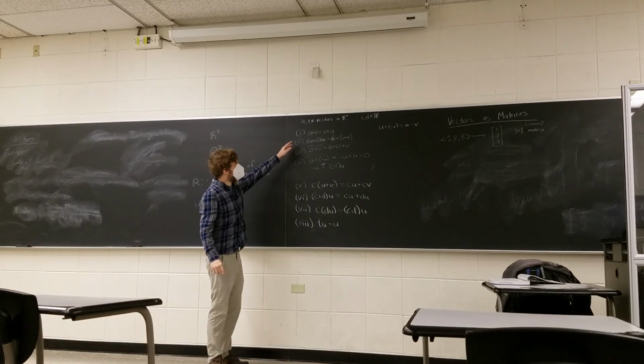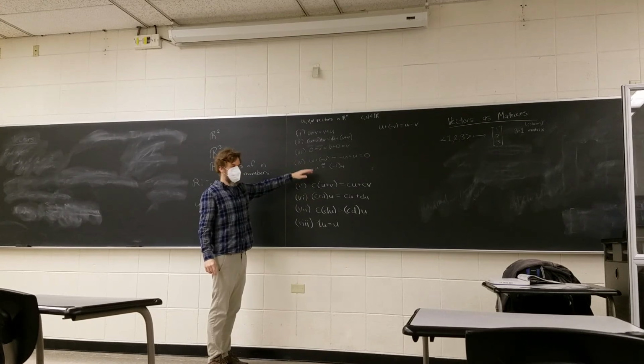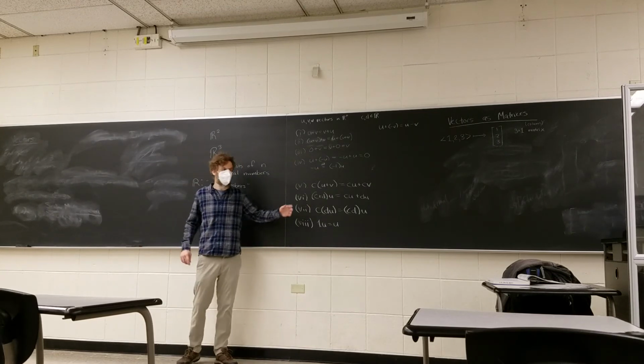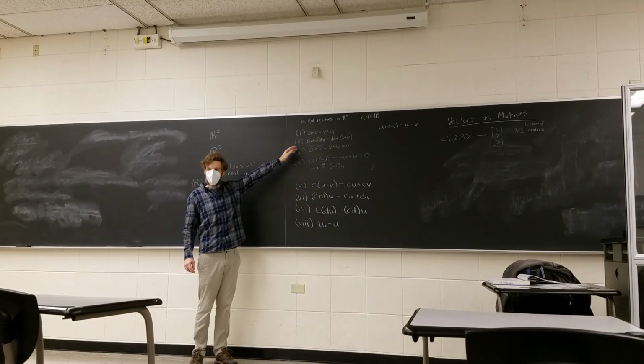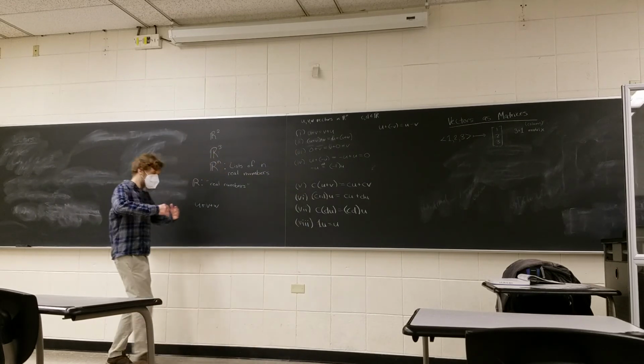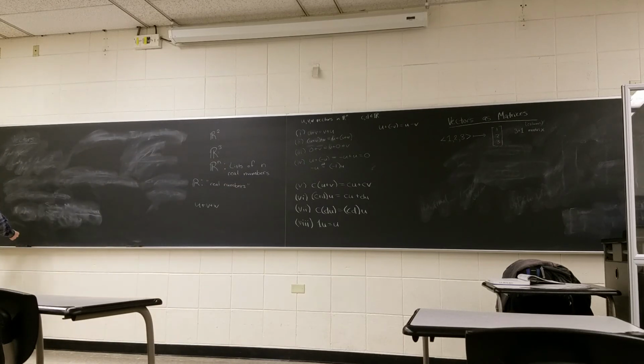The operations that we did on vectors and scalars were the only things that we did: addition of vectors and multiplication of a vector by a scalar. We're going to combine these together and come up with the concept of the linear combination.